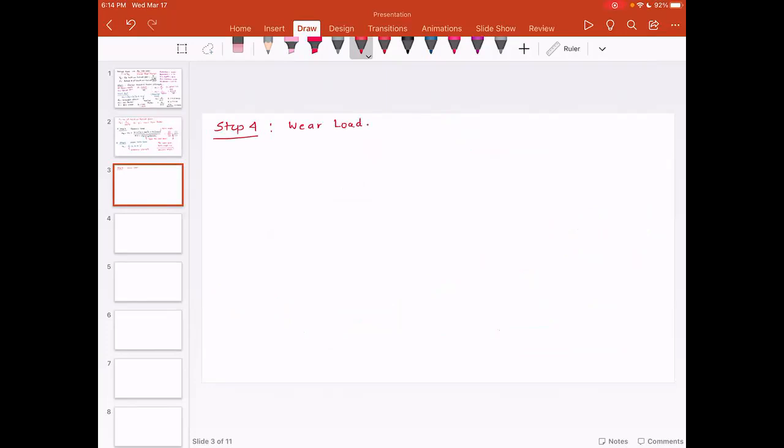And the wear load WW is equal to dP multiplied by B multiplied by Q multiplied by K divided by cosine square alpha.